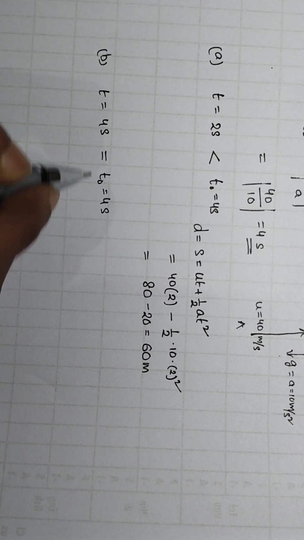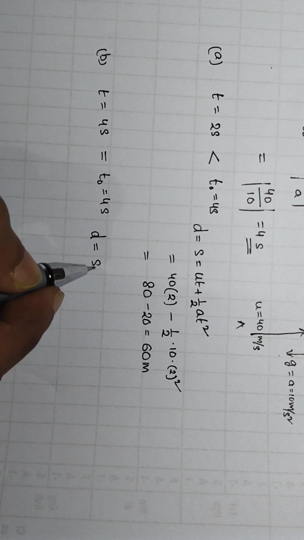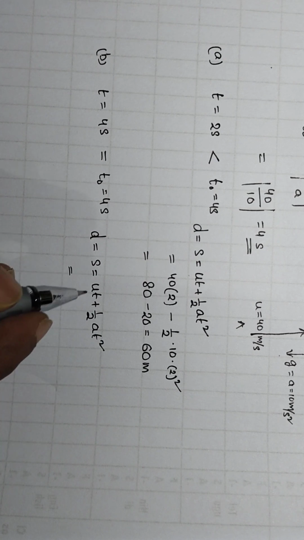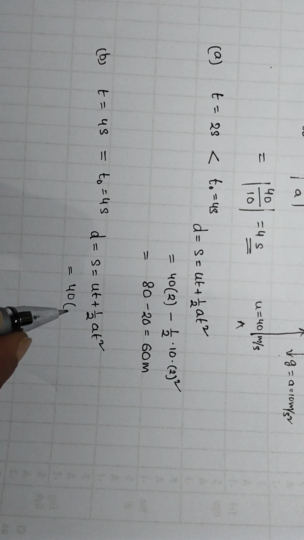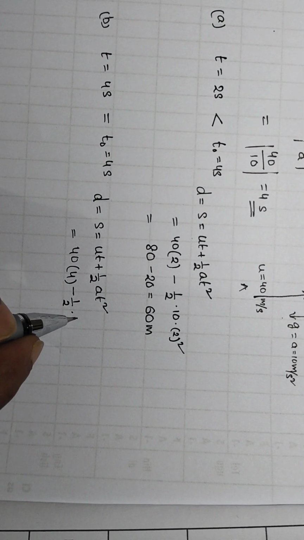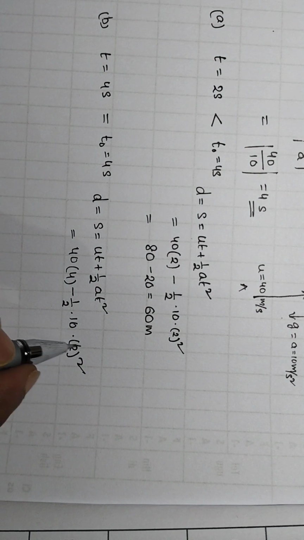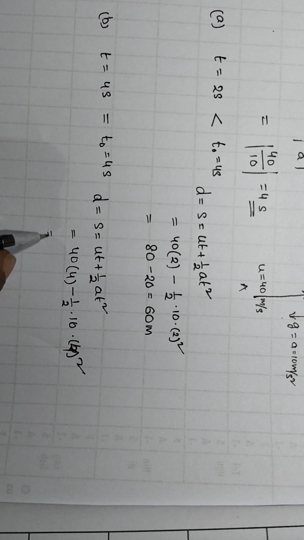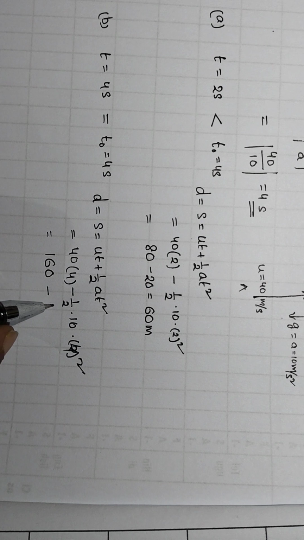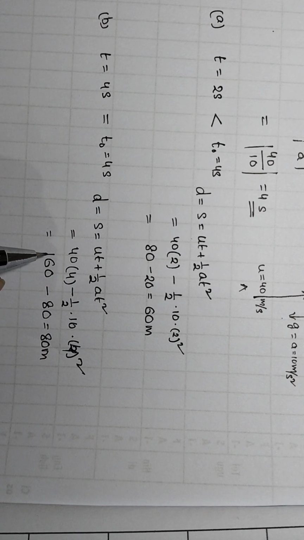So here also, displacement and distance are both equal. The formula d is equal to s is equal to ut plus half of a t square is to be used here: 40 into t, which is 4, minus half of a, here 10, into 4 whole square. 160 minus 80 is equal to 80 meters. So this is the distance and displacement.